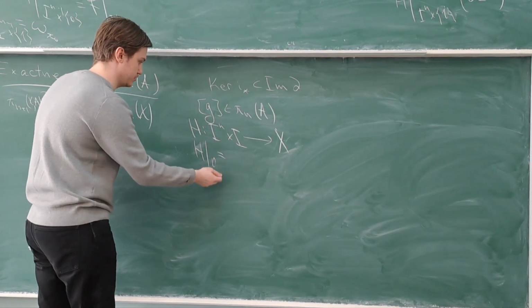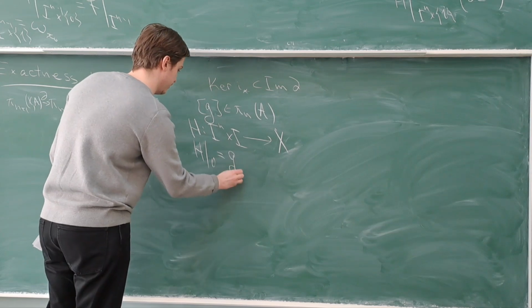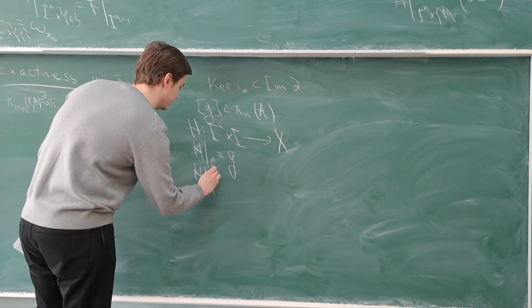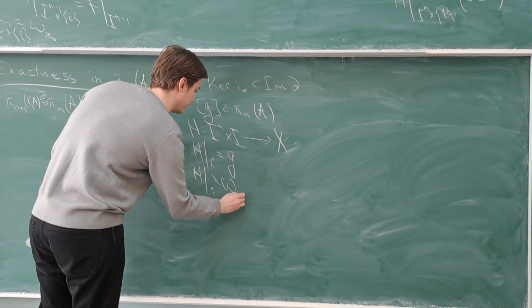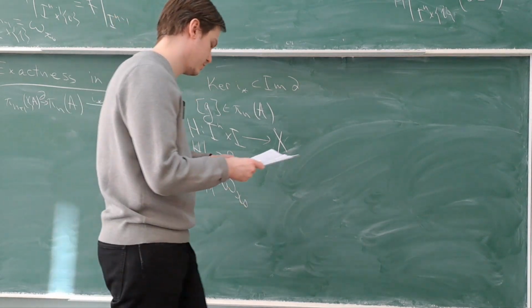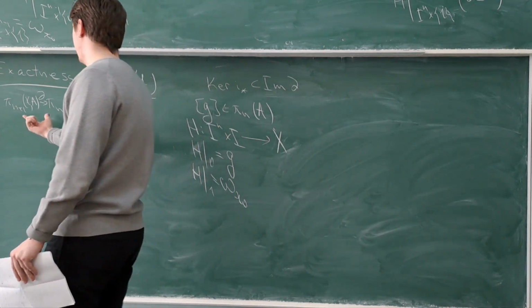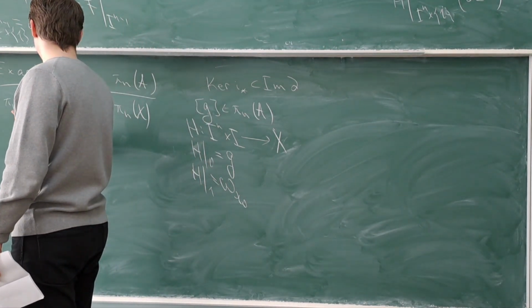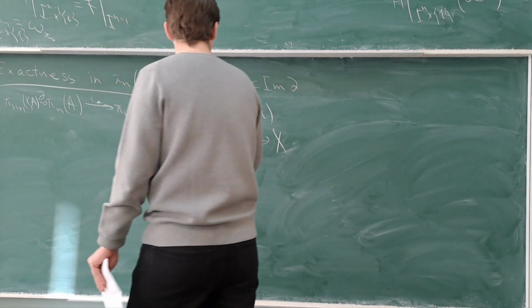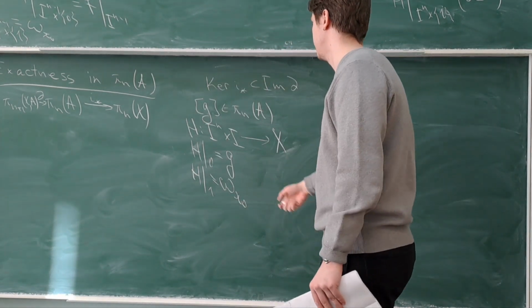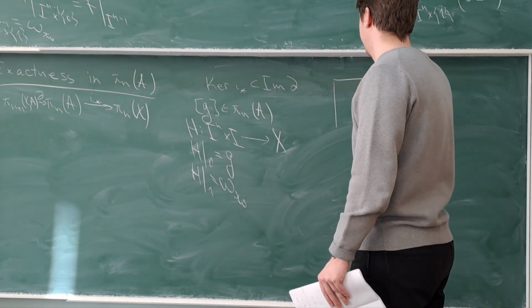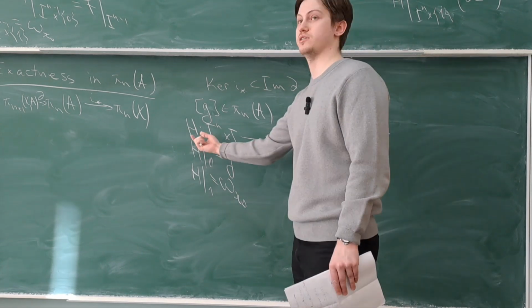So restriction on 0, this G, and the restriction on 1, the constant path, constant spheroid. So I need to find some relative spheroid such that the sphere part will be precisely G. So I want to say that this spheroid represents precisely by H.